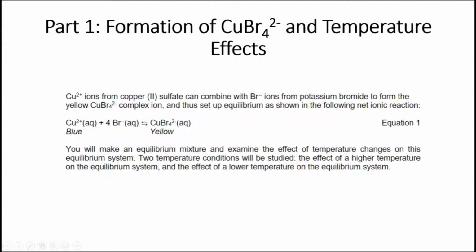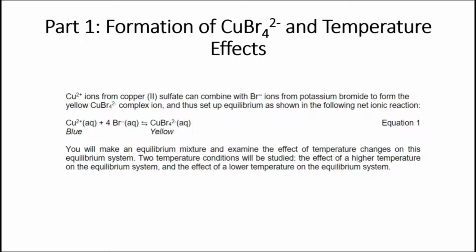So in part 1, we'll be looking at the formation of the CuBr4 2- ion and temperature effects on this equilibrium. So we're going to combine copper sulfate, which is initially blue, and this is the source of our copper ions, with potassium bromide, which is our source of bromide ions and is initially clear.